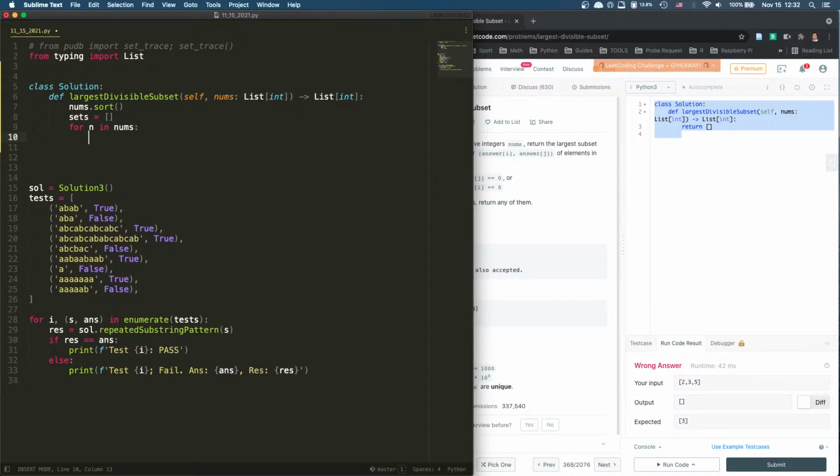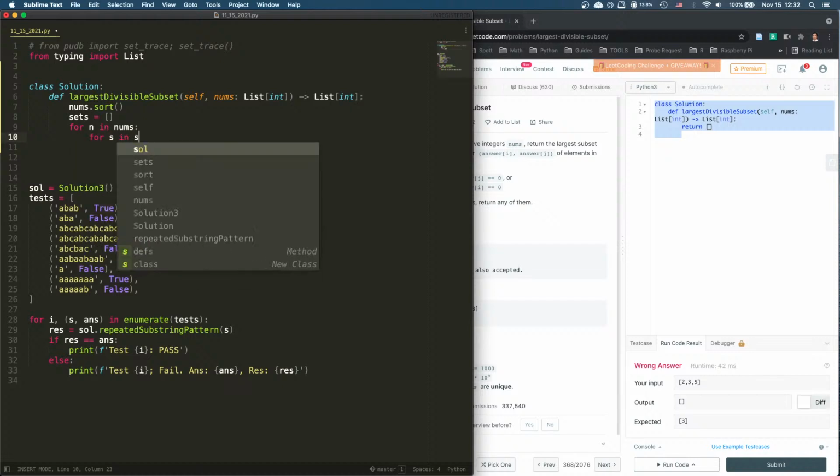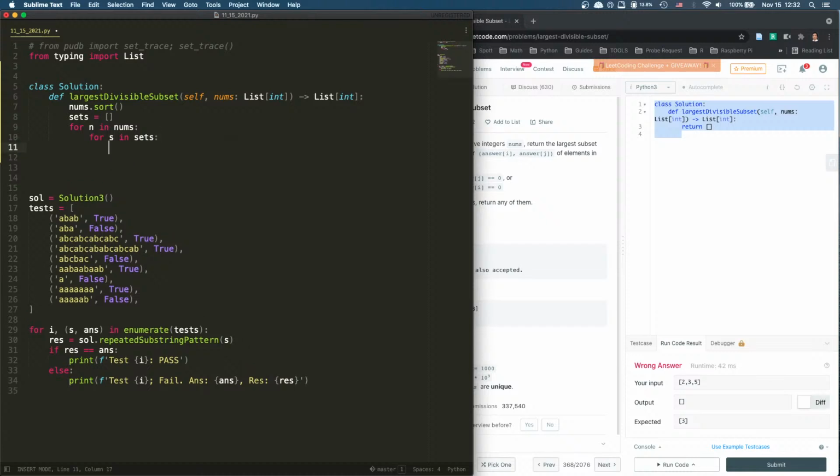For each n, we go through sets and see, for s in sets. Do I have to create a new set only containing me? Well, not really, because if I can fit into one of the sets, then it's fine. I don't have to create anything by myself.